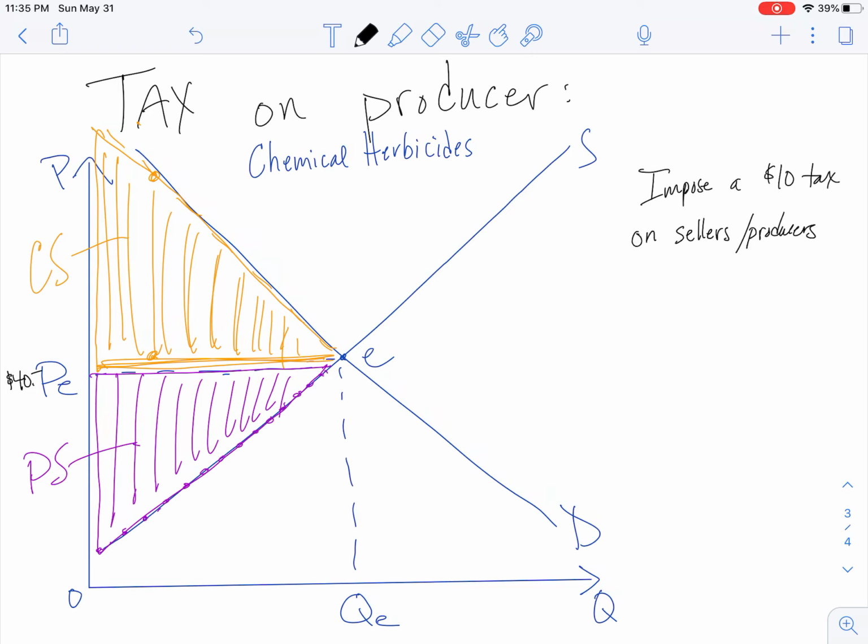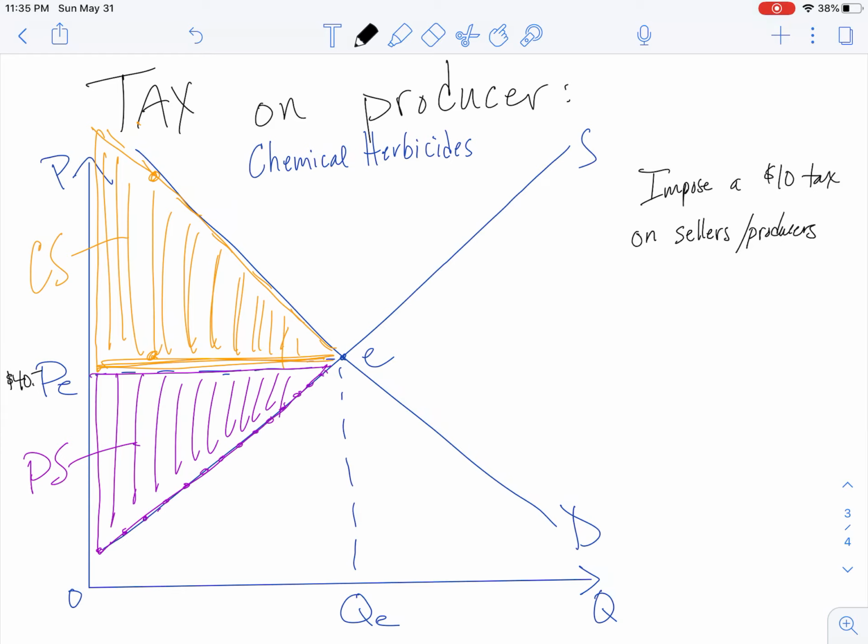Well, what does that look like on the graph? You know, from the last unit, when we looked at factors that could shift the supply curve, you know that an increase in costs on the producer shows up as a leftward shift in the supply curve. And adding a tax on them is like another cost to producing the chemical herbicide.